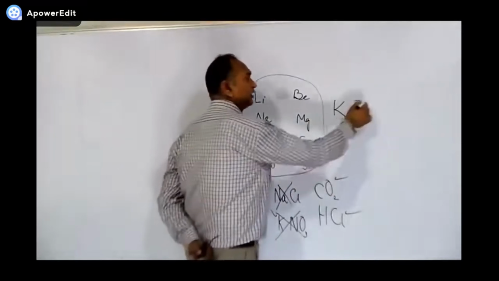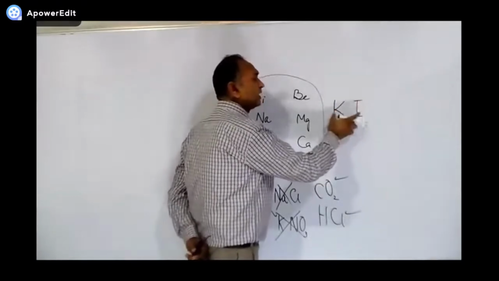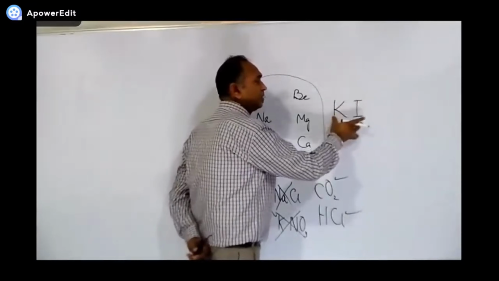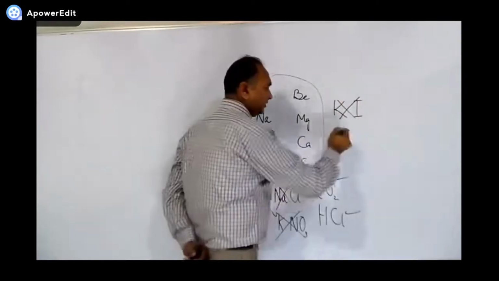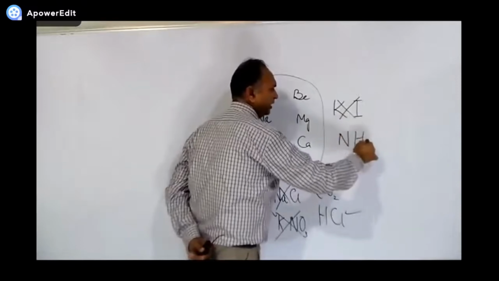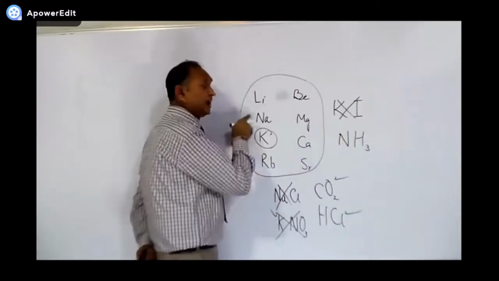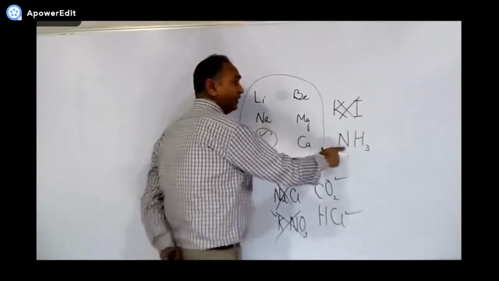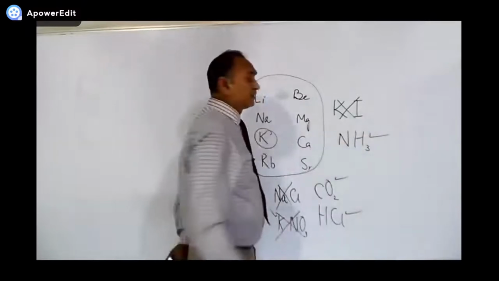That is why this one is not a molecular or covalent compound, but an ionic compound. See this one, NH3. Can you find N over here? This is Na, this is N. No, it means it's a molecular compound. It's a covalent compound.